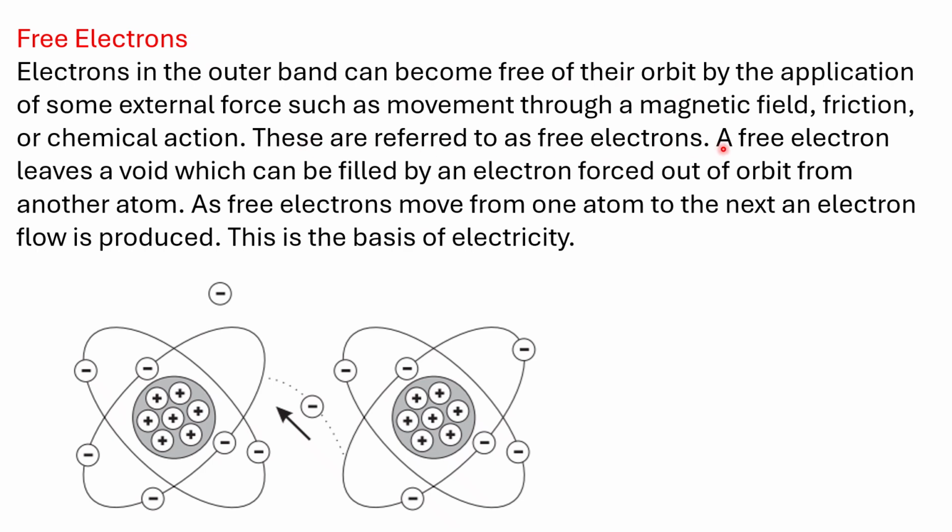A free electron leaves a void which can be filled by an electron forced out of the orbit from another atom. As free electrons move from one atom to the next, an electron flow is produced. This flow of electrons is the basis of electricity.